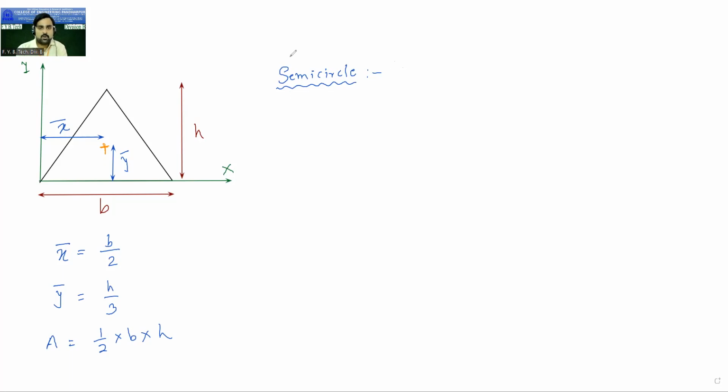If you draw the normal semicircle, it will be like this. This is the base, and this is your semicircle. When you cut a circle into two equal pieces, the part which remains is nothing but a semicircle. And here somewhere is the center of the semicircle.